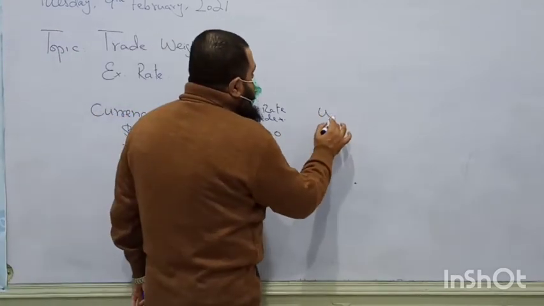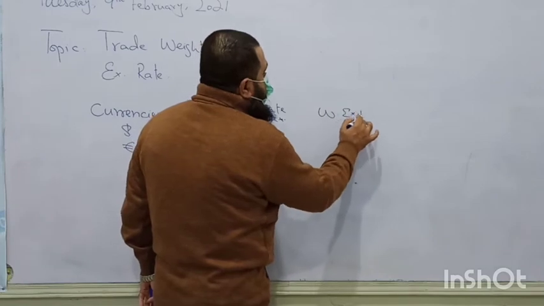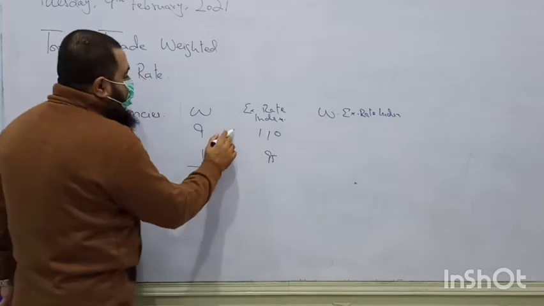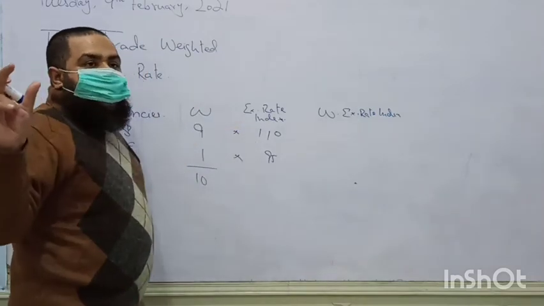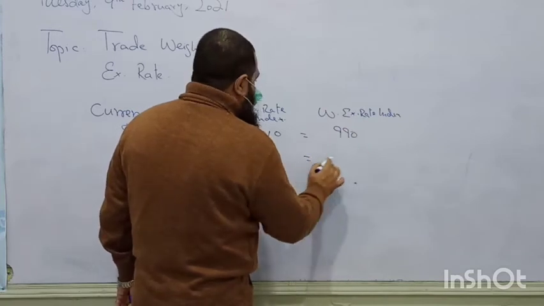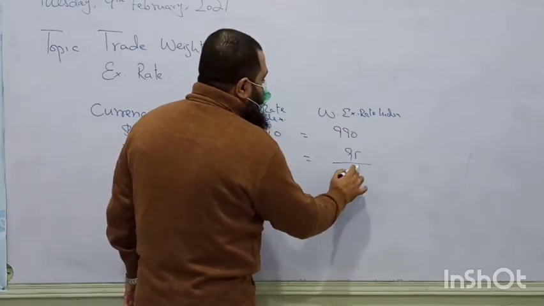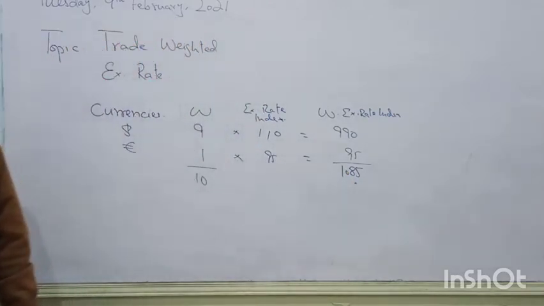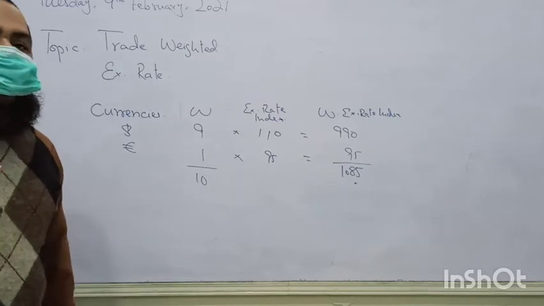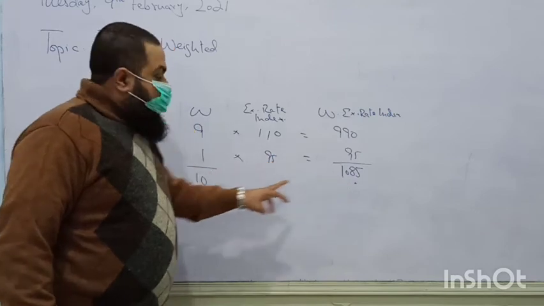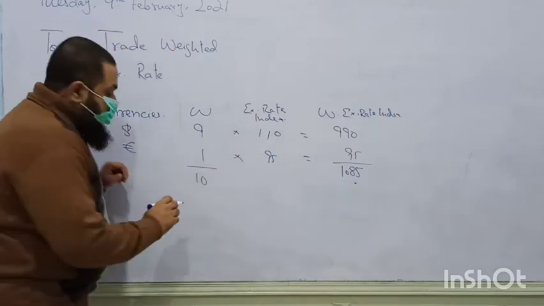Now, what is the trade weighted exchange rate index? Multiply them, same as we were doing in inflation. This is 90 times 110, which is 9900, and 10 times 95, which is 950. The sum is 10850. Do you remember how we calculated inflation? We divided this weighted value by the total weight.